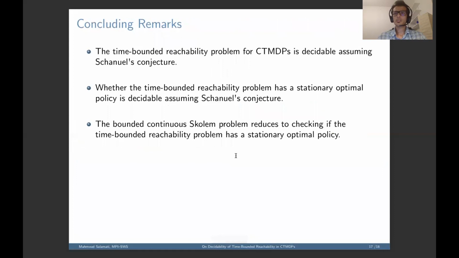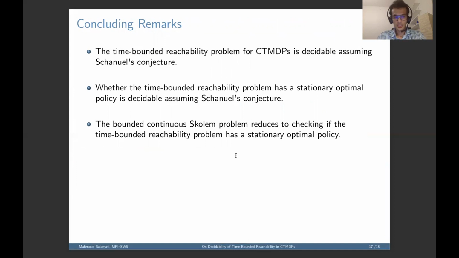So this brings us to the end of this talk. The main contributions of this work are listed here. So first, we showed that the time-bounded reachability problem for CTMDPs is decidable assuming Schanuel's conjecture.